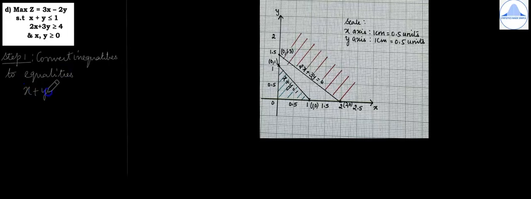So x plus y is equal to 1, then 2x plus 3y is equal to 4. Step 2, to obtain the points of the two lines.